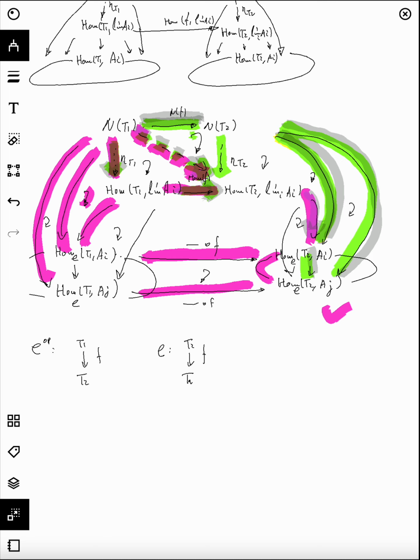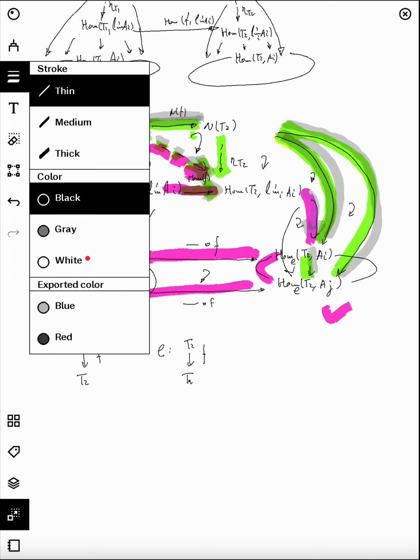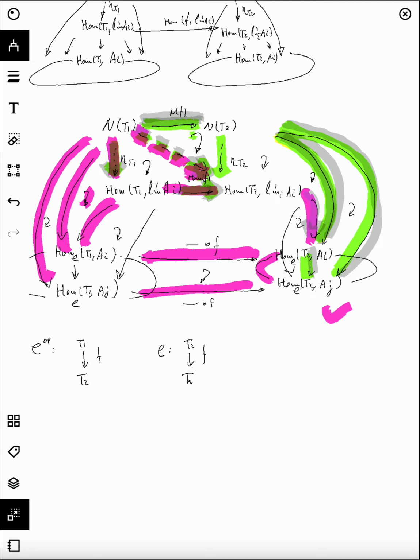Let me put in a different color. Let me use blue. I mean this one.